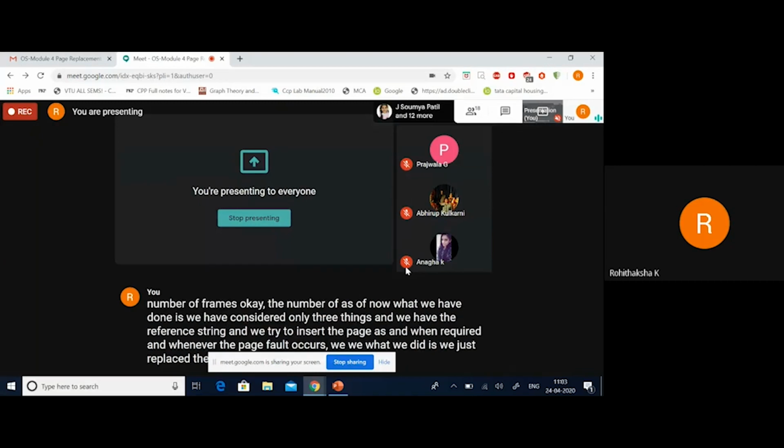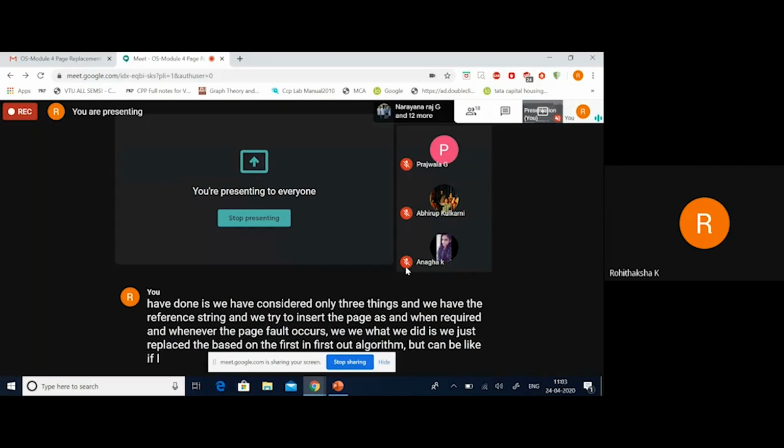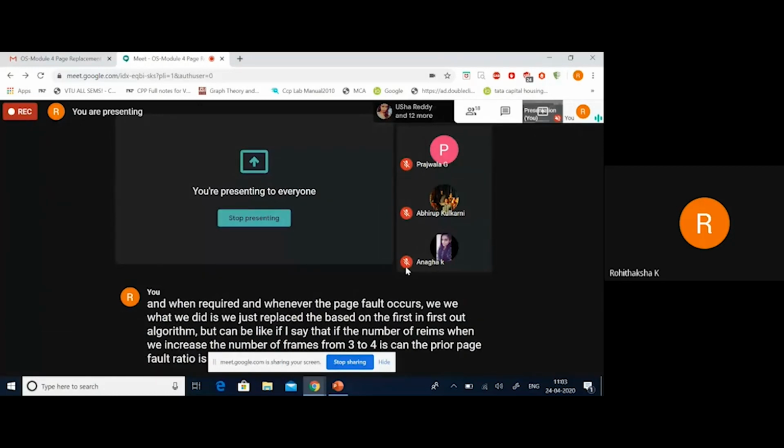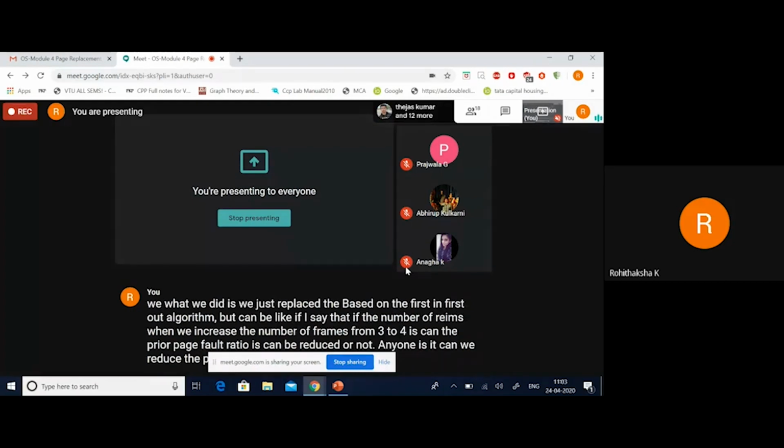But if we increase the number of frames from 3 to 4, can the page fault ratio be reduced, or can the page hit ratio increase if we increase the number of frames?